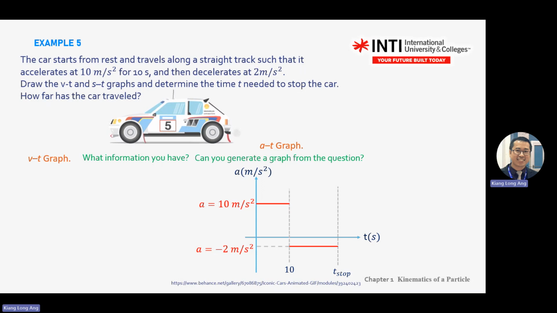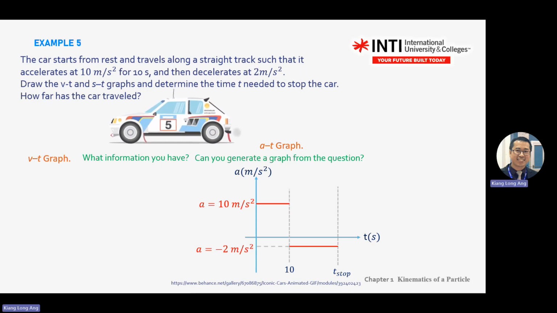From 0 to 10, your acceleration is 10. From 10 until the object stops, it is -2 meters per second squared. So you have three kinds of graph: ST, VT, AT. You already have the AT graph. The question asks you to convert from AT to VT, VT to ST.